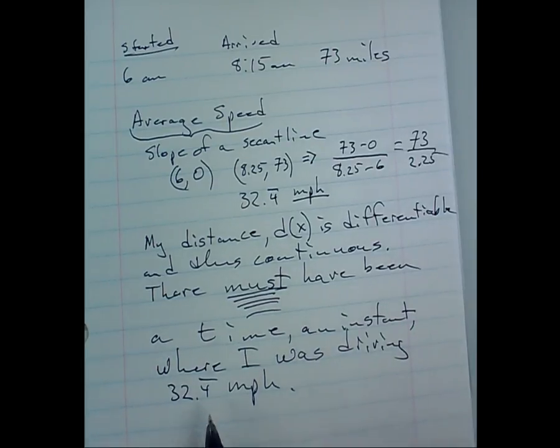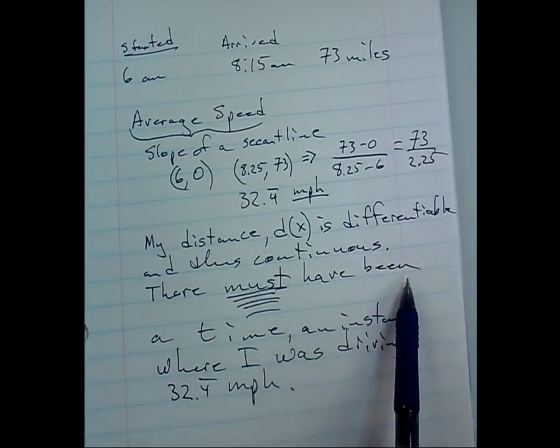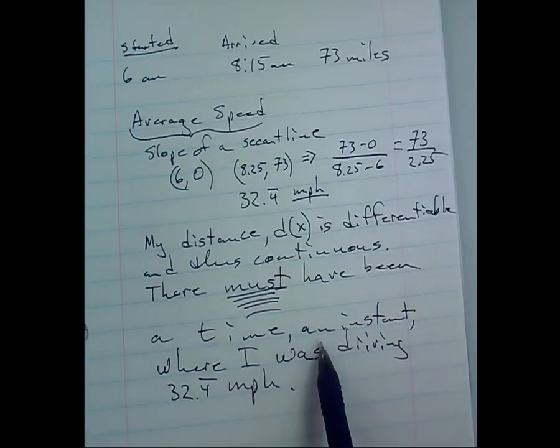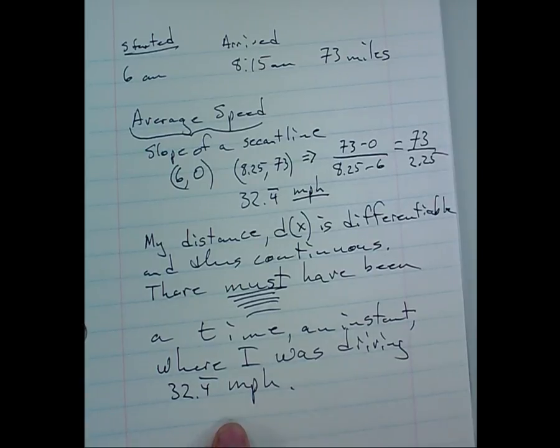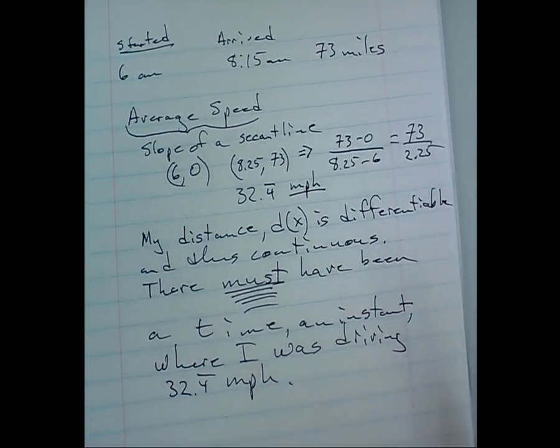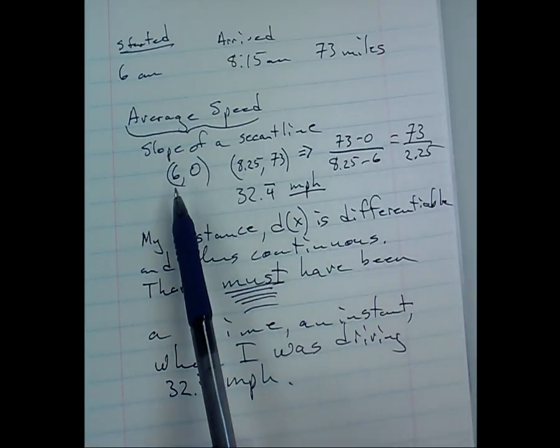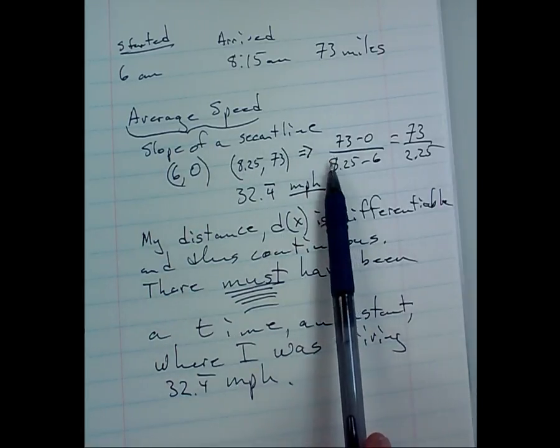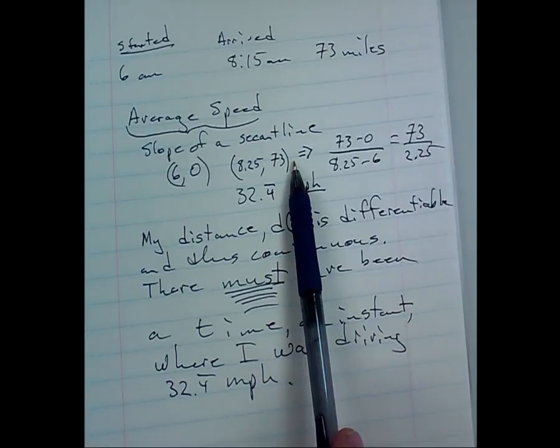What do you suppose this was? There must have been a time, an instant, where I was going 32.4 miles per hour. What is this rate? What do I call this? If this is the slope of a secant line up here, right, where I have two different times. I have my starting time and my ending time, correct? Gave me my average rate.